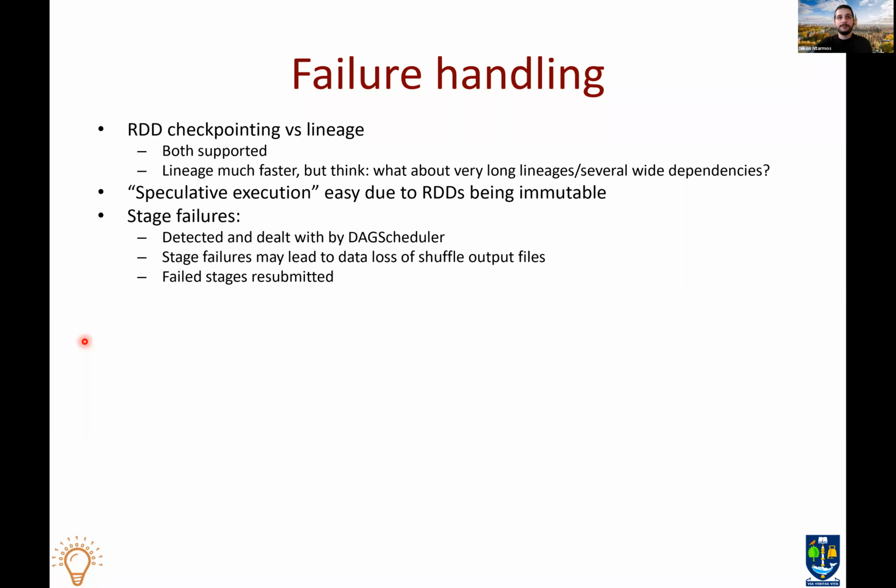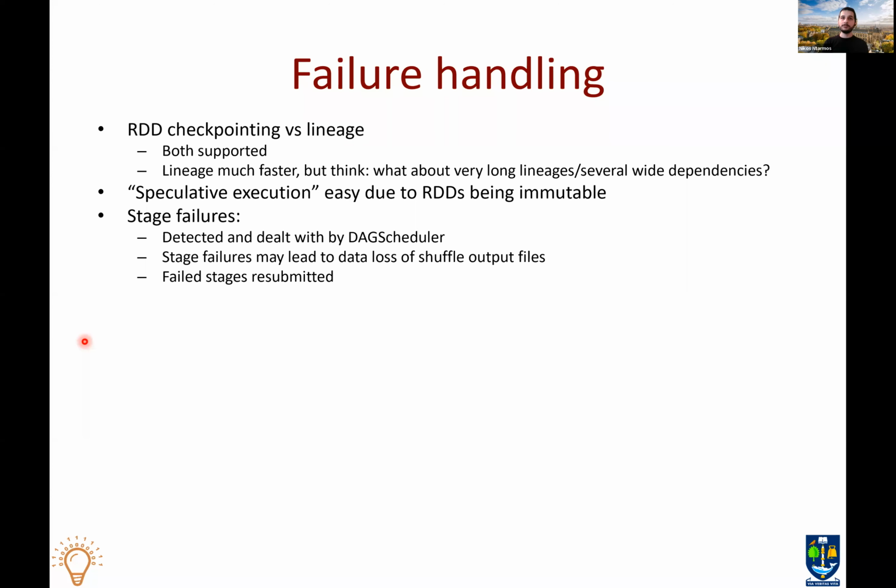If a stage fails, then that failure is detected and dealt with by the DAG scheduler. Remember now that the DAG scheduler sends data to the task scheduler, who runs tasks on the cluster. It gets back the results, propagates them to the DAG scheduler. So the DAG scheduler knows what happens where. So if a stage fails, then the DAG scheduler will know.